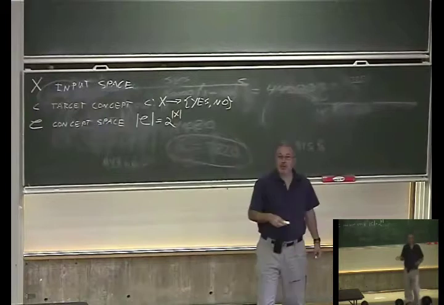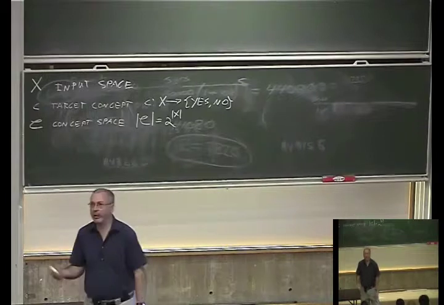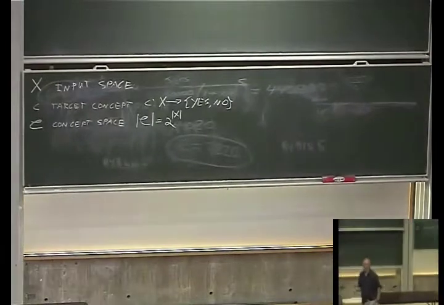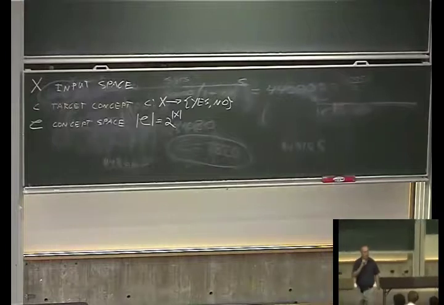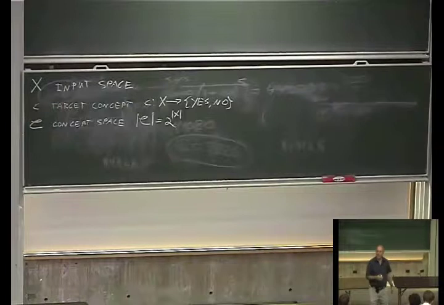The input space itself is typically exponential in the number of bits or attributes or whatever it is in it. So we end up with a doubly exponential concept space. But in the general case, it's just singly exponential in the size of the input space.